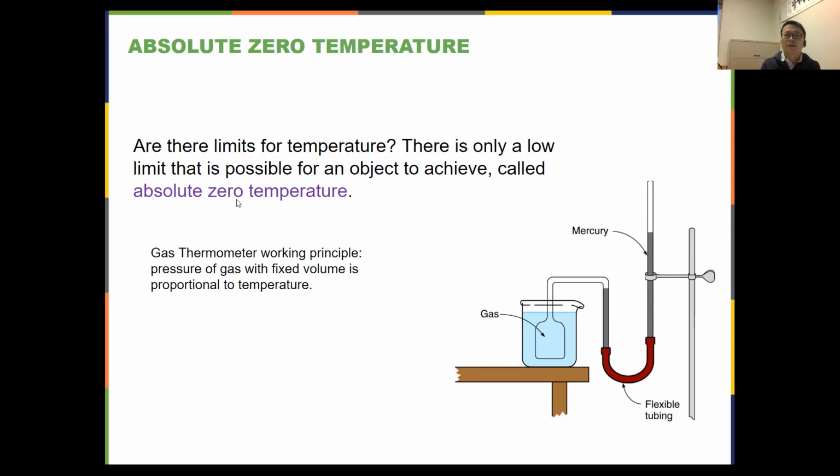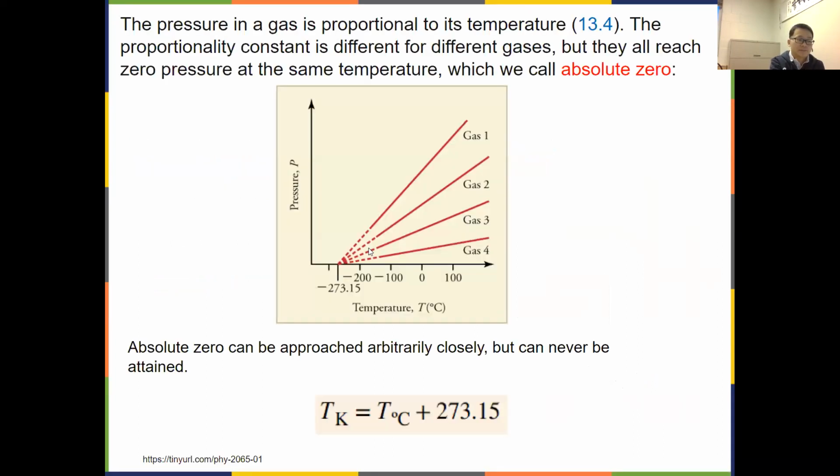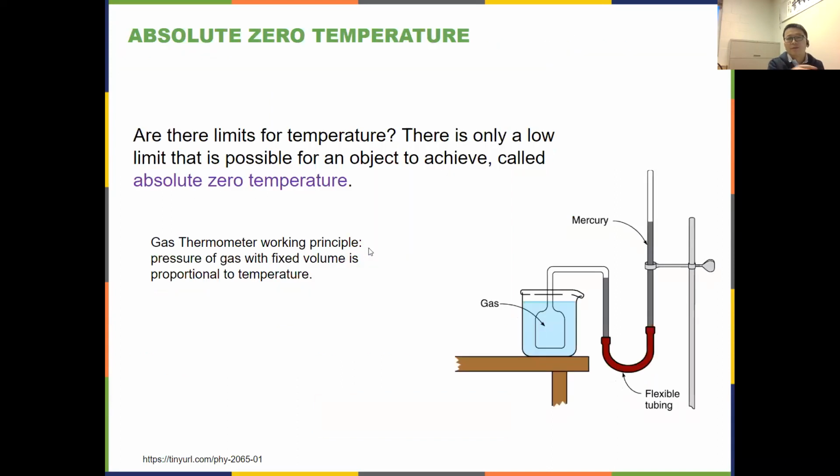Actually, one of the first thermometers ever used was called the gas thermometer. It works like this picture shows. There's mercury filled in this part of the pipe, connected with this flexible tube, and then on this tube as well.